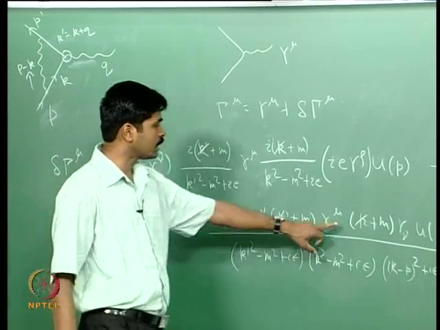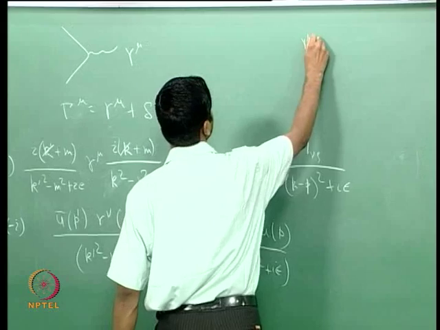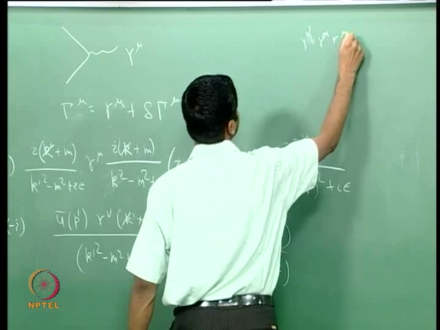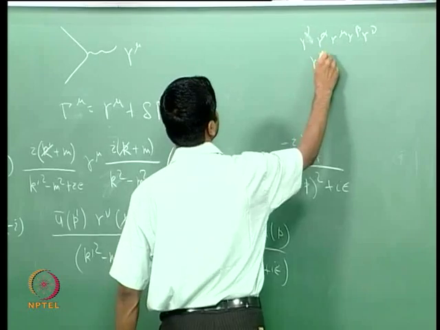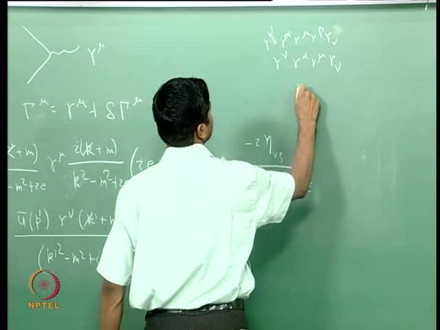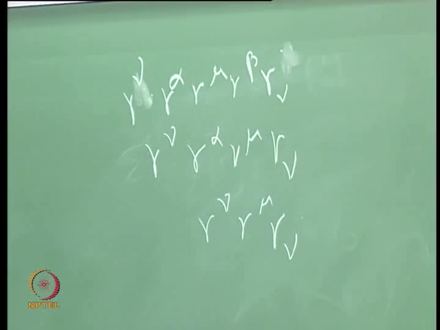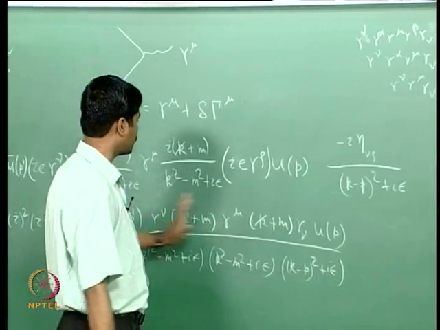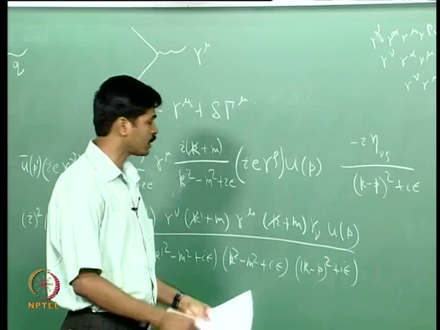You just notice that the numerator involves terms like gamma mu, gamma alpha, gamma mu, gamma beta, gamma nu, gamma nu, gamma alpha, gamma mu, gamma nu, gamma nu, gamma mu, gamma nu. It involves terms like this, and we know how to evaluate these gamma matrices, even when you do not have a trace. We have done it when we considered electron scattering.